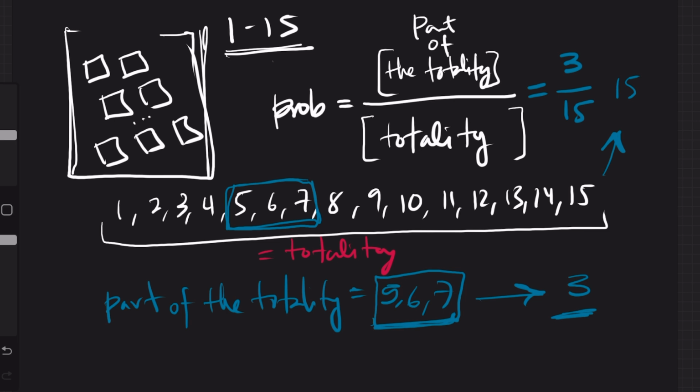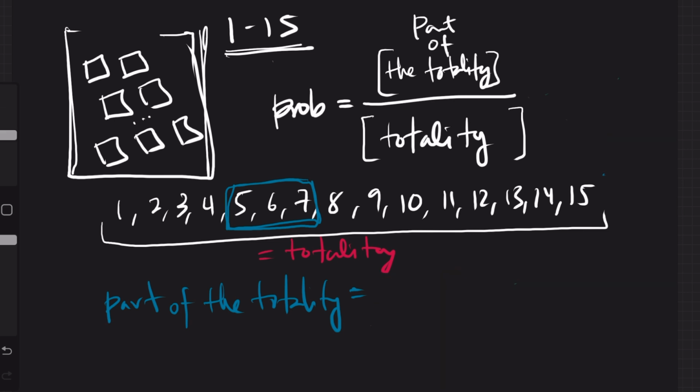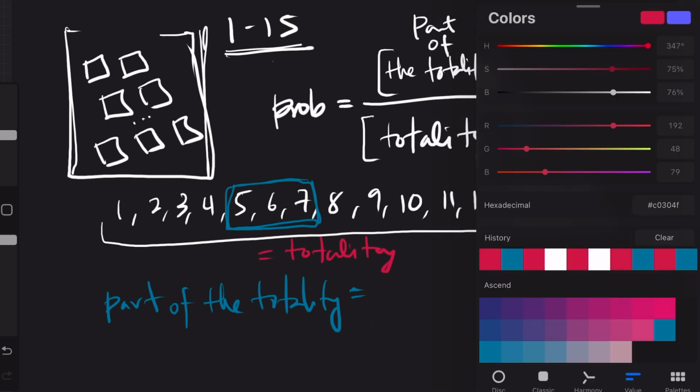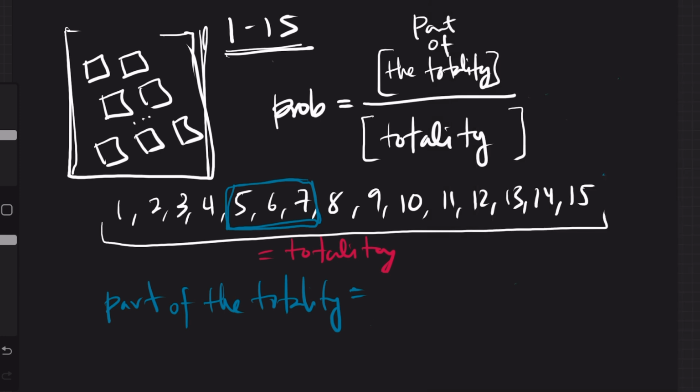Okay, once we know this, we can come back and try to get the answer for the statement we are trying to answer. The statement says any number that is less than 9. So that means 1 to 8 are the possible events that we wish to analyze.